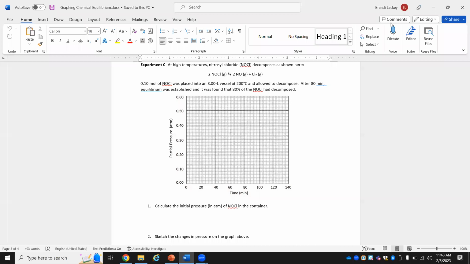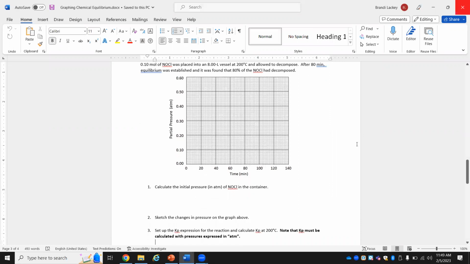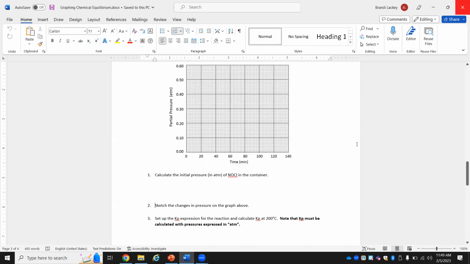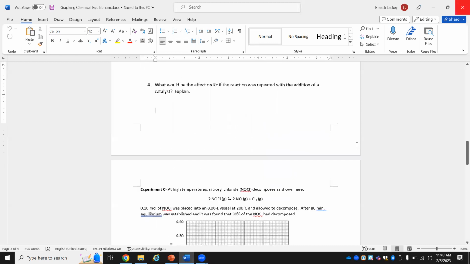All right, guys, so here is experiment C on your graphing equilibrium activity, and we're not going to go through the whole thing, but it does tell us that at high temperatures, we have the nitrosyl chloride, which is the NOCl, decomposes as shown with the reaction below. I want to go down to part 3 of this. And what I'm going to do is I'm going to rewrite the equation.